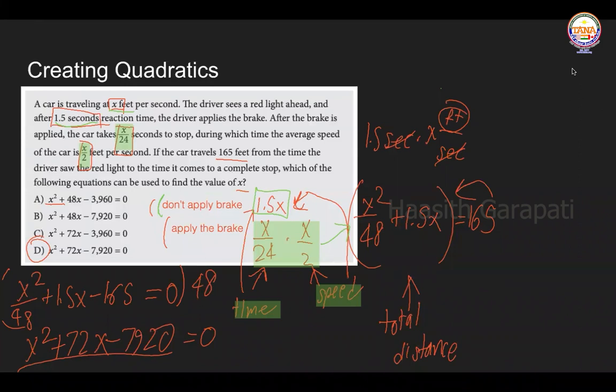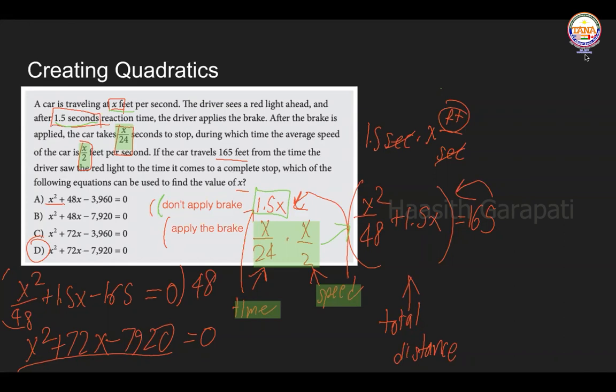Honestly, this is really complicated. I don't blame you for being confused by this. Rest assured, on the ACT, it's not going to be as complicated as this. I purposely chose a super complicated question to prepare you guys. But you should know how to construct a quadratic equation, and over time it will come with practice, so you don't have to worry about it too much.